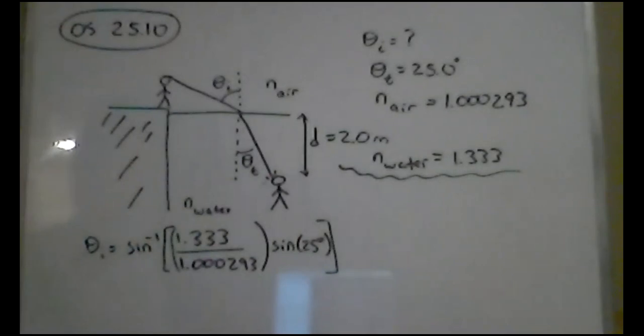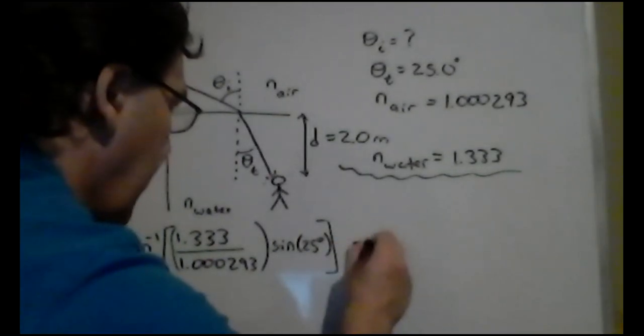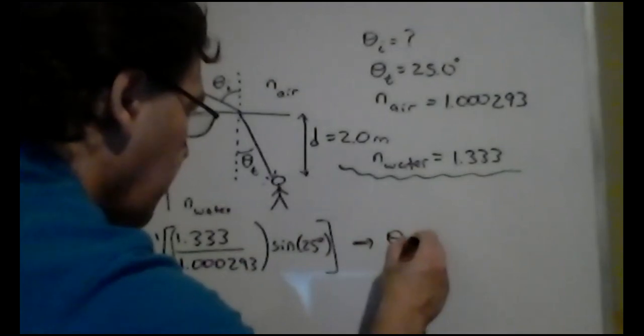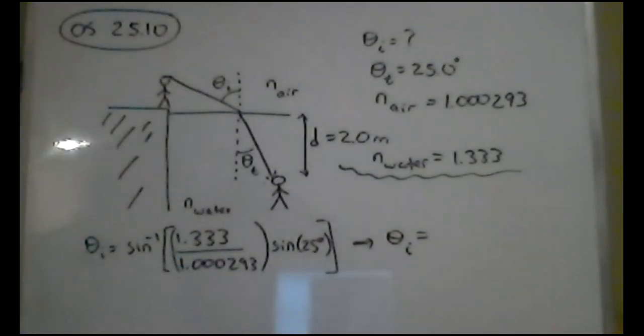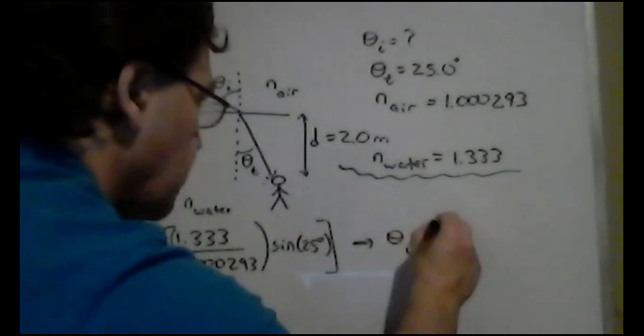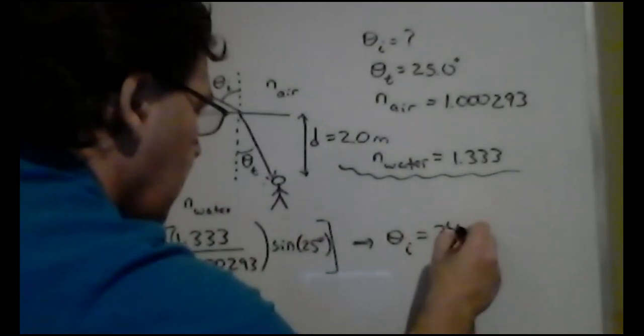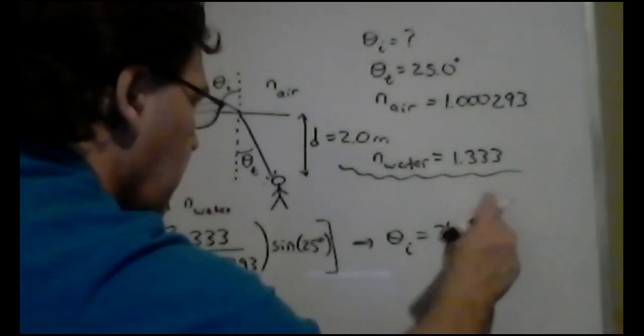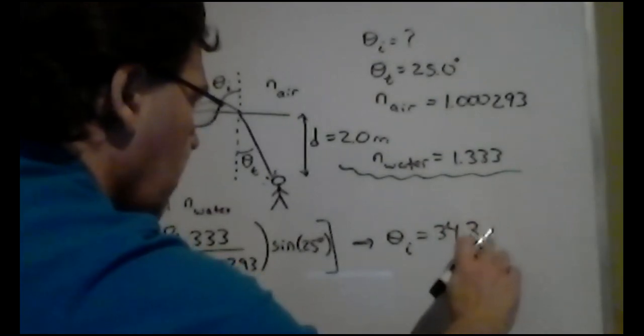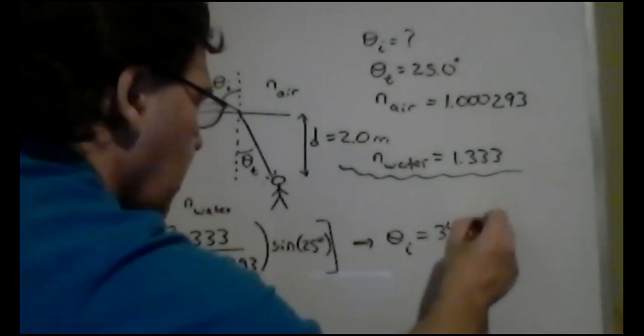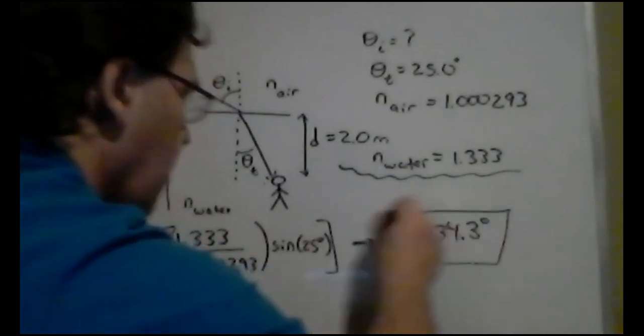If I do all of that, I find that theta incident will be 34.3 degrees. There it is.